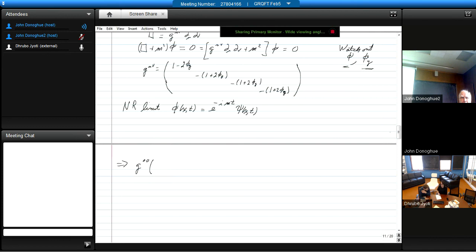The two time derivatives can both act on the exponential, one can act on the exponential and one on psi, or both can act on psi.